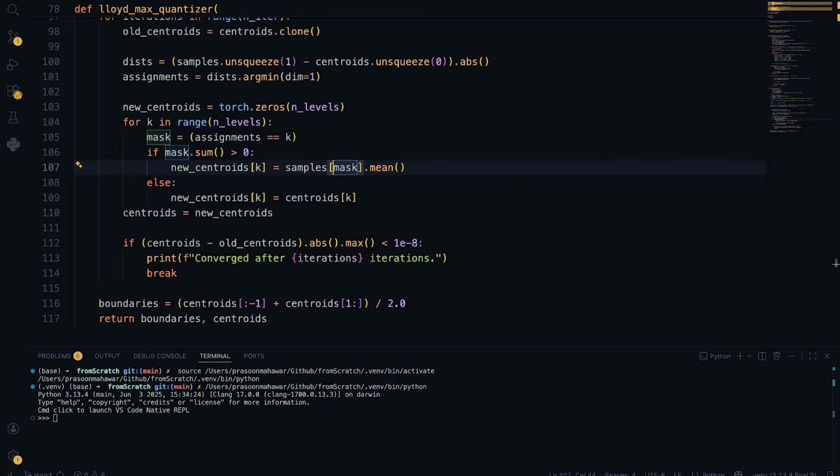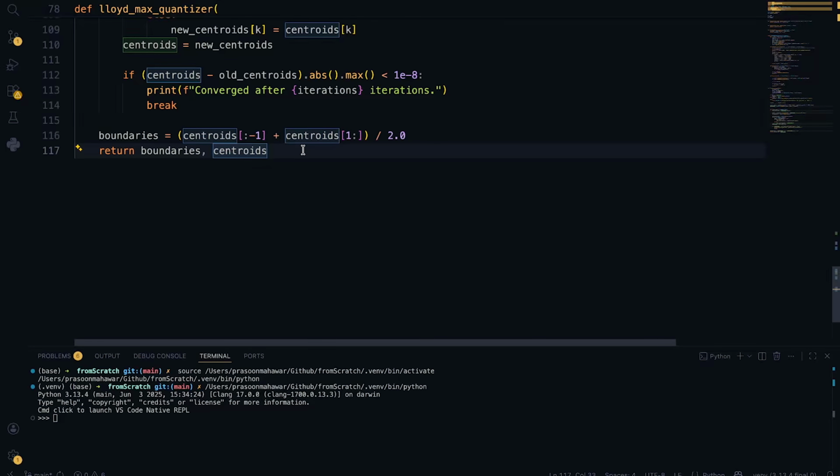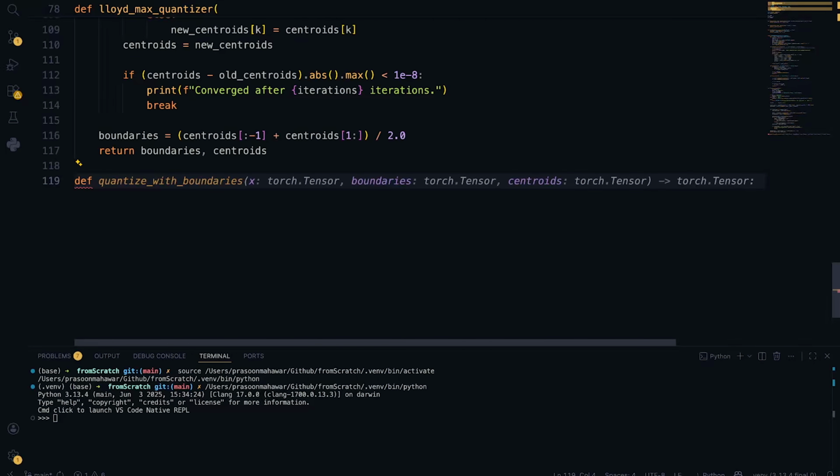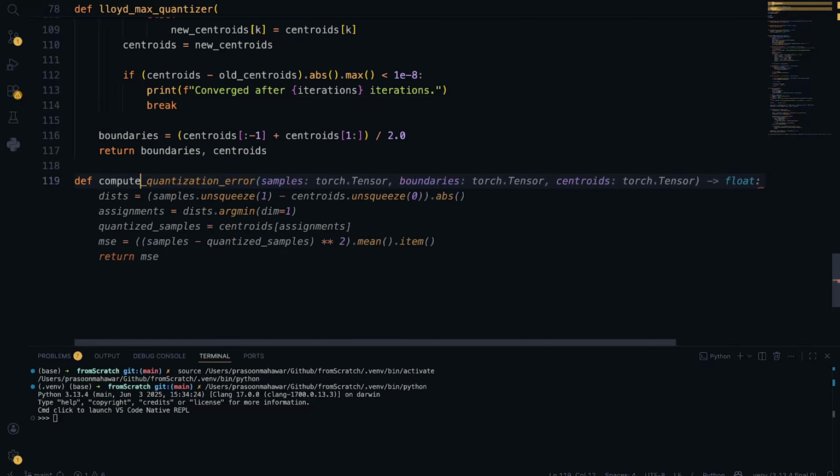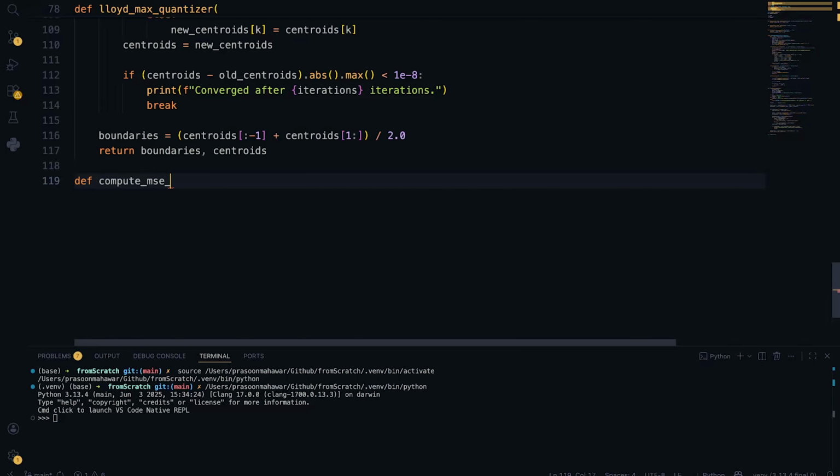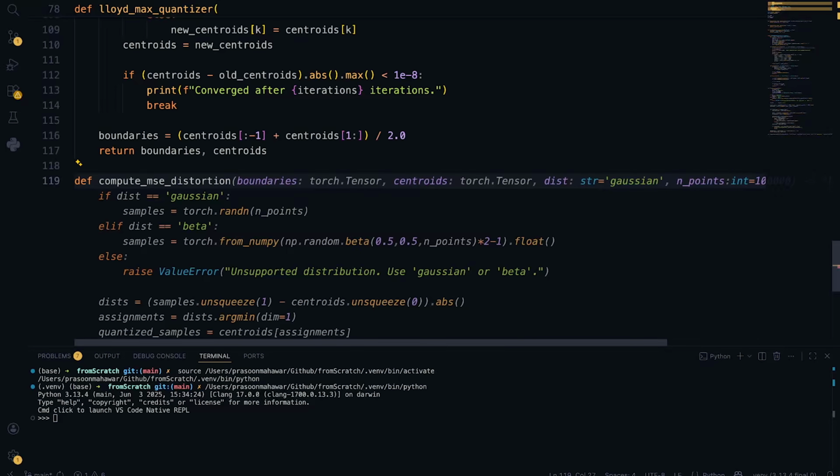So now let's quickly write the final function, that is compute MSE distortion, before we move forward.